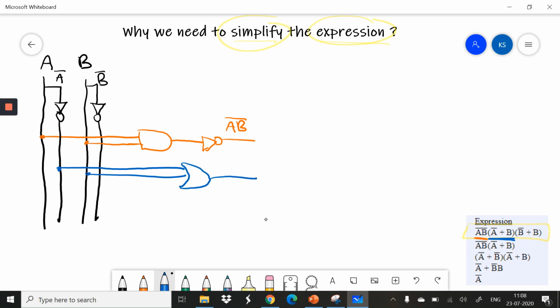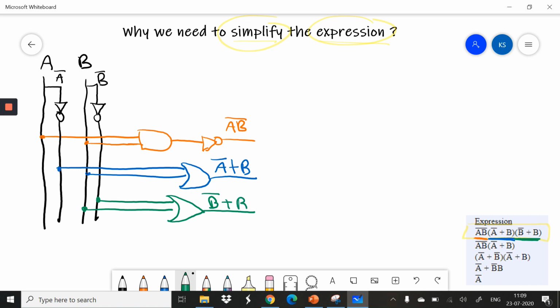So we got a bar plus b. Fine, so this is my second expression, and last we have b bar plus b. Let's draw this: b bar, then b, and the plus operator, so an OR gate, and finally we got b bar plus b.